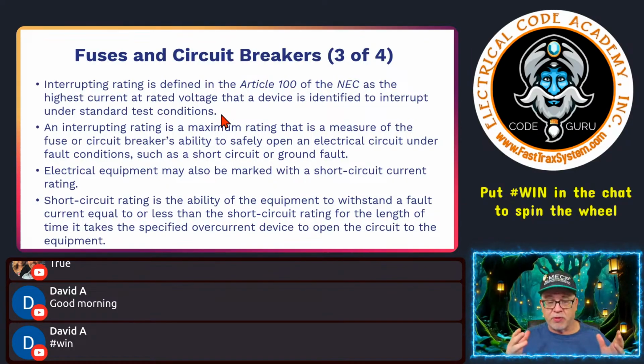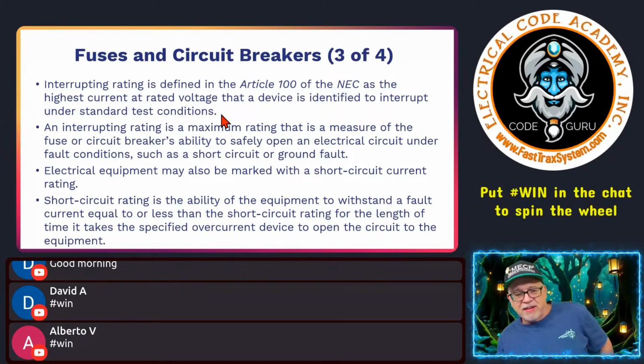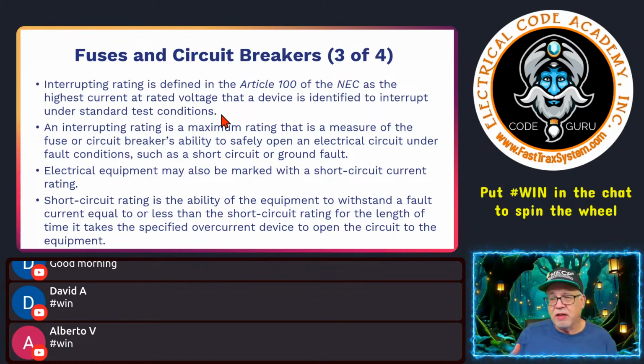Breakers, for example, are tested in an environment that is more like open air than it is inside of an enclosure. There's a standard test procedure, and that's all they have to pass. These things aren't tested in worst case scenarios.